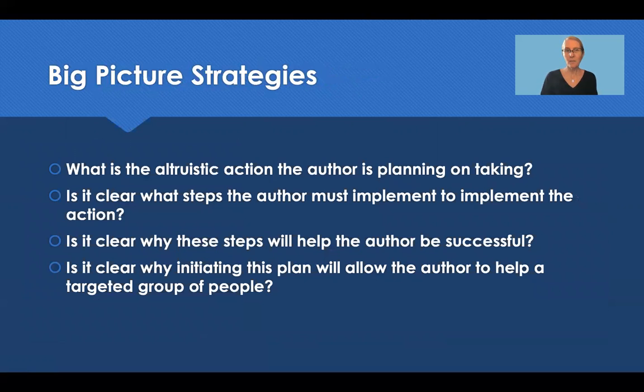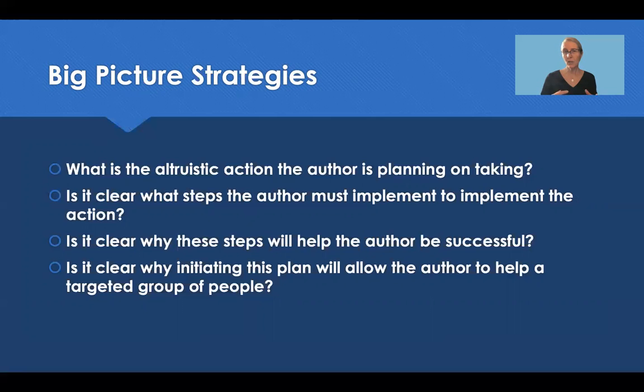When you're thinking about big picture strategies or macro level revision and you sit down to read someone else's action plan essay, it's a great idea to read the essay all the way through to give yourself some bearings and think about what is the altruistic action that the author is planning on taking. Is that made clear to you at the beginning of the discussion? Perhaps in the first one or two or three paragraphs, you understand what the discussion is going to be about and leading up to.